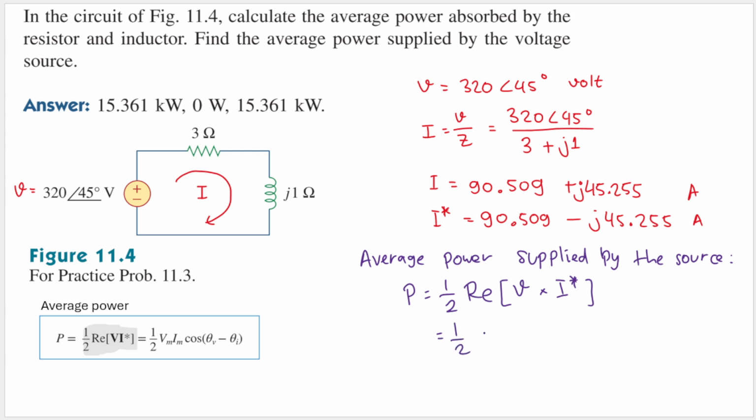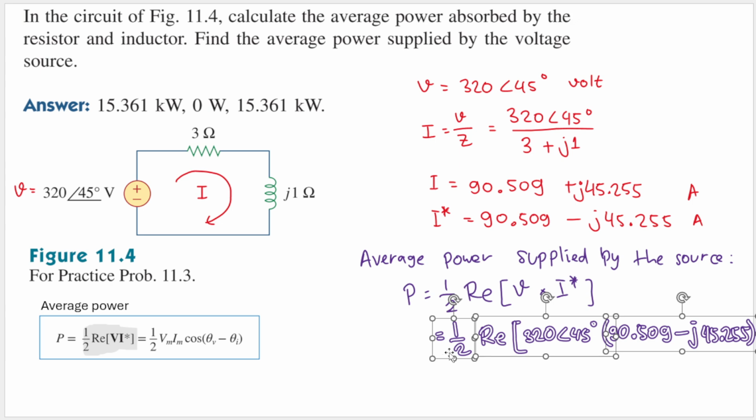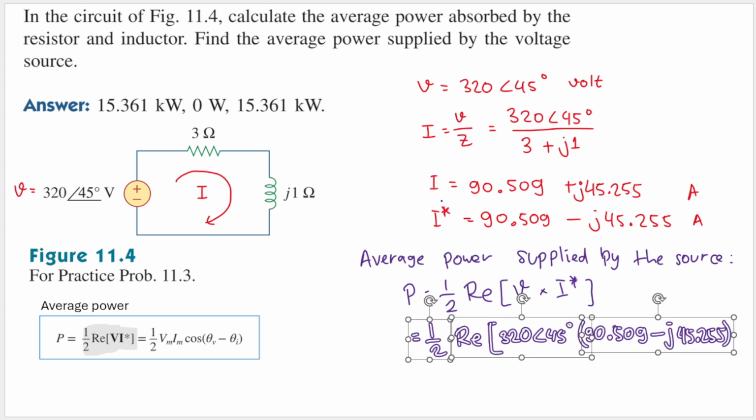We have 1/2, and the real part of the voltage, 320 with the angle of 45 degrees, and then this will be multiplied by this I conjugate here. We have 90.509 and then minus J45.255. Okay, I ran out of space. Let's just shift this left.